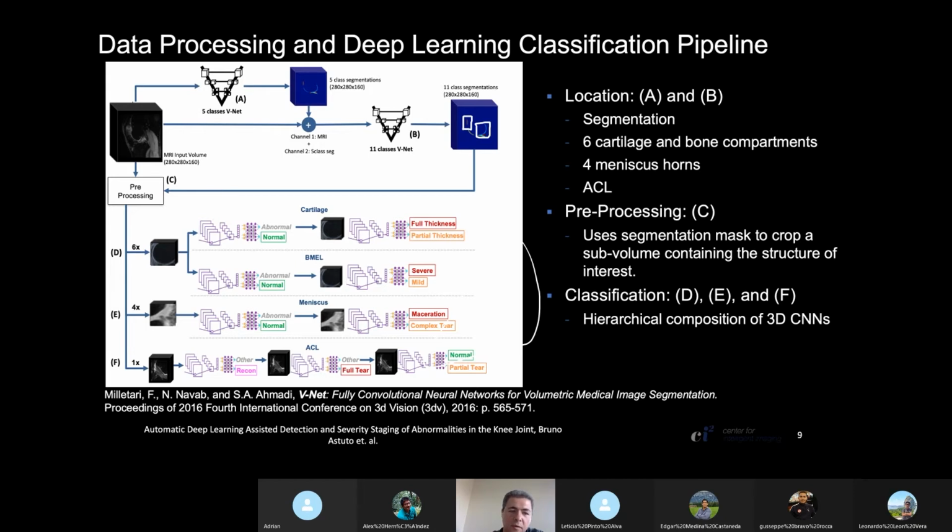When they are abnormal, I train a second classifier that tells me whether it's a severe or a mild abnormality. So I train the classification in two steps. For example, in the pre-processing, if you segment one area of interest like cartilage, but the ground truth was meniscus.